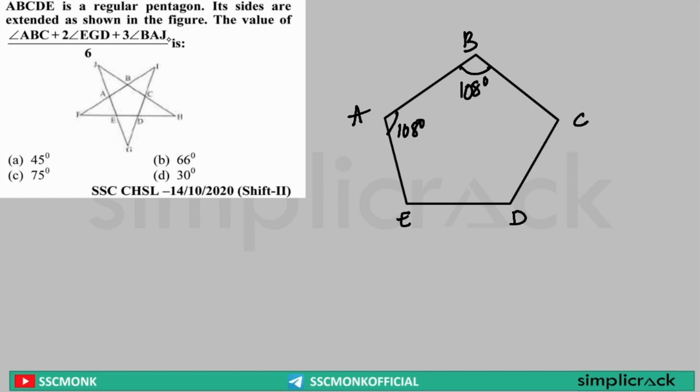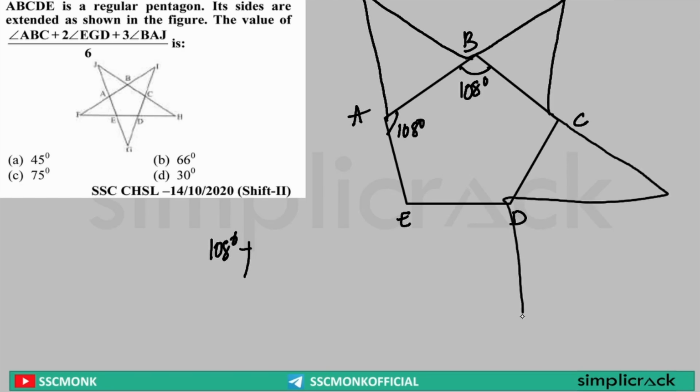Yes or no? That means ABC is equal to 108 degree plus, it is saying A here is extended to B here, then again B is extended to C here, C is extended to G here. So this is how it has made a star, right?